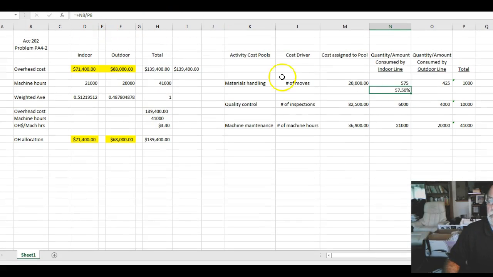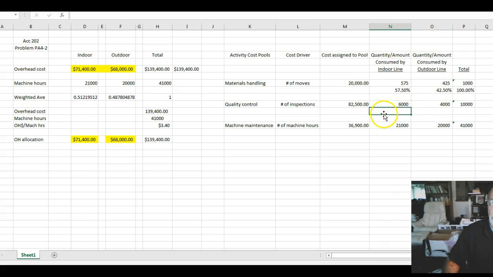We want our denominator to be a constant. 42.5%, and then again we want to make sure that the total of the 2 is 100.